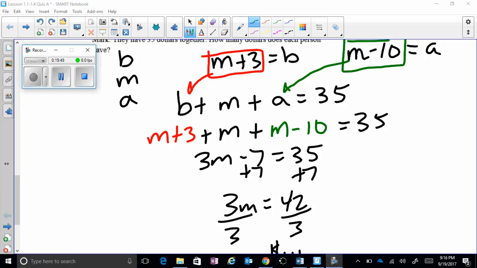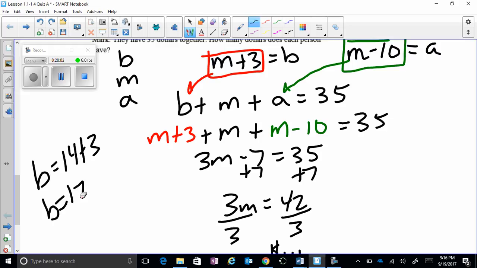So now that I know Mark has $14, I can plug that back in to find B and A. So I know B is 3 more. So 14 plus 3 would be 17. So Brandon has $17. And then Ashley has 10 less. So she's only going to have $4.